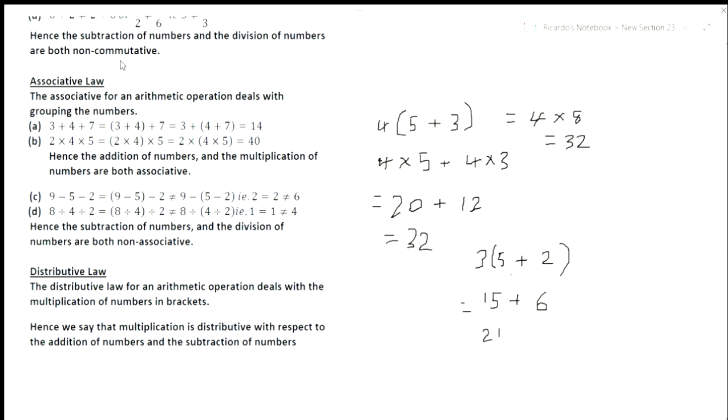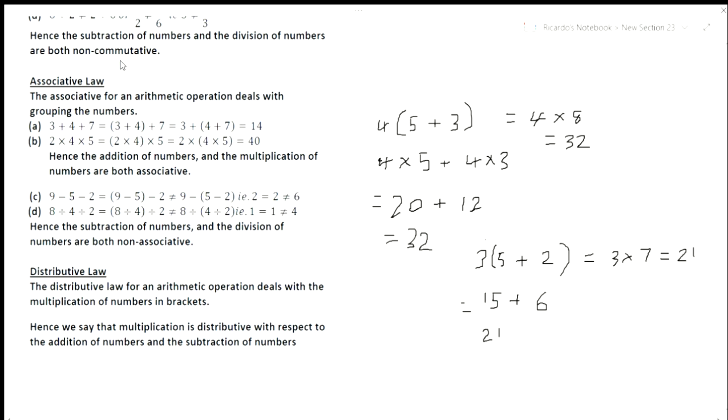Likewise, if we did add the 5 and the 2, we would get 7. So that would be equal to 3 times 7, which is equal to 21. So we just proved that the distributive law principle works in this sense, where there are two numbers to be added in the bracket and one outside to be multiplied.